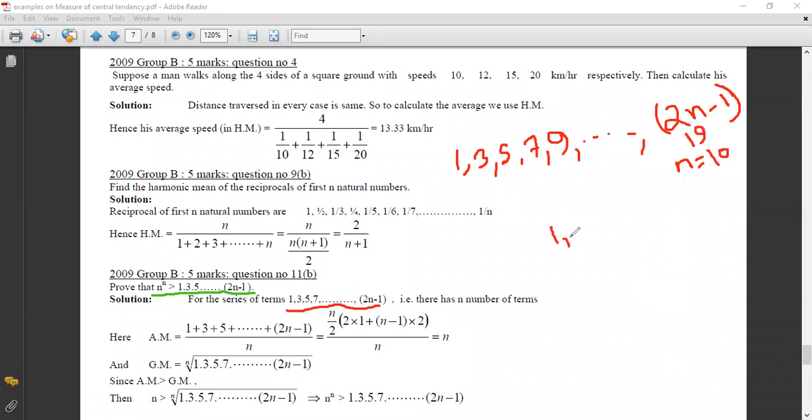So, can you tell, if n is equal to 10, how many numbers are there up to 19? 1, 3, 5, 7, 9 up to 19. Can anyone tell? এখানে কতগুলো সংখ্যা আছে?